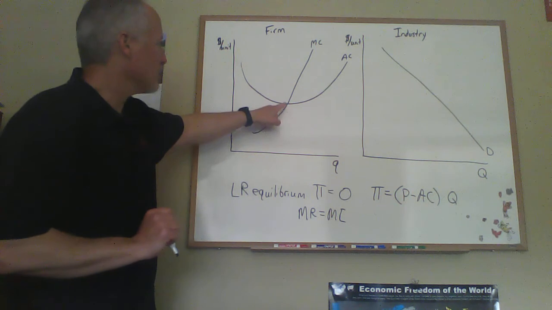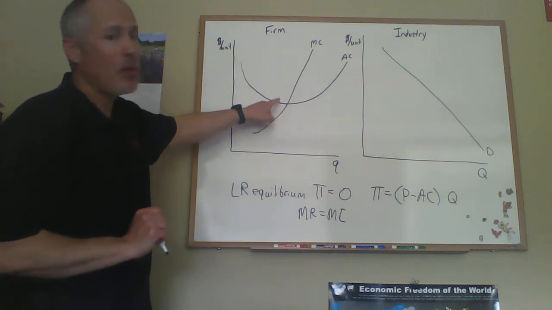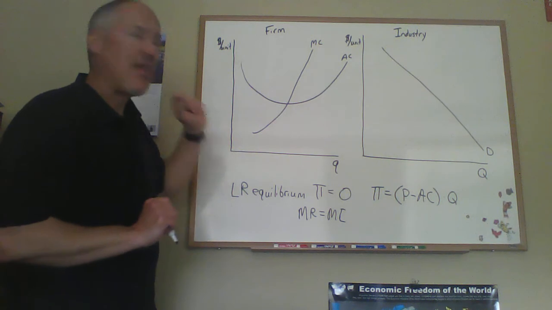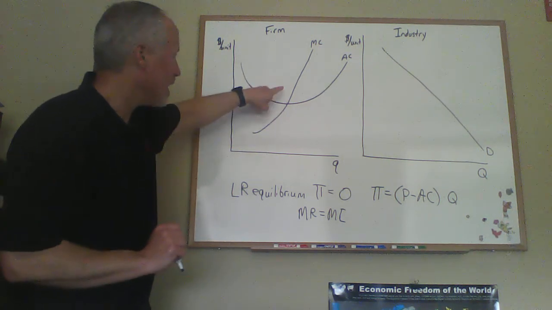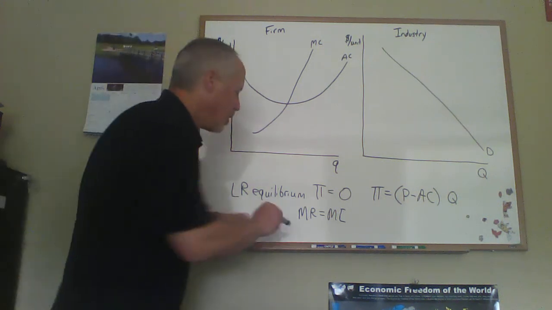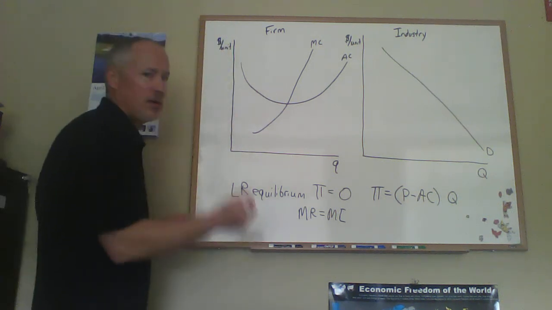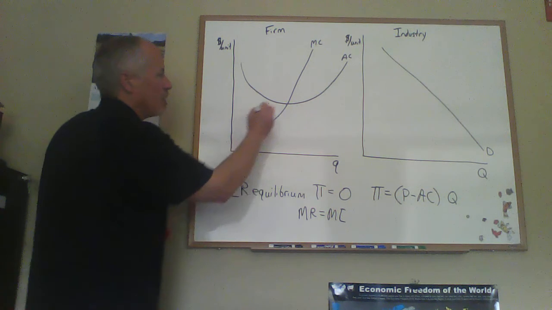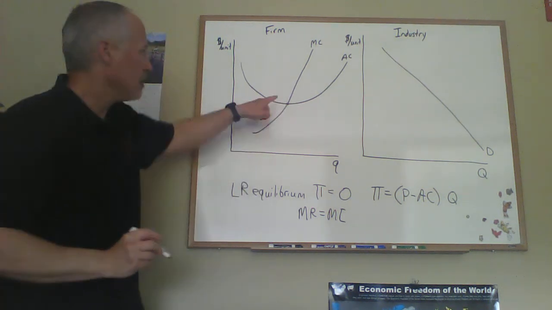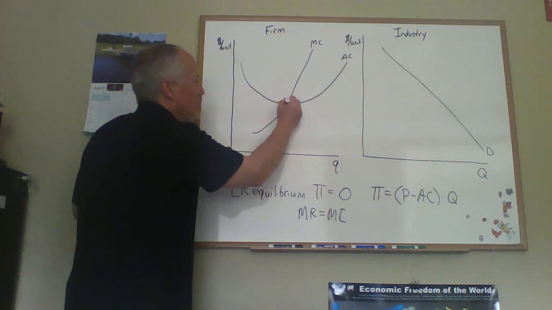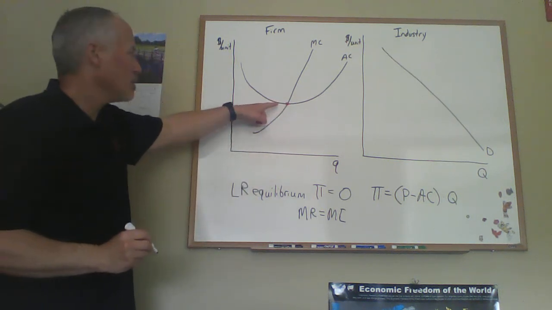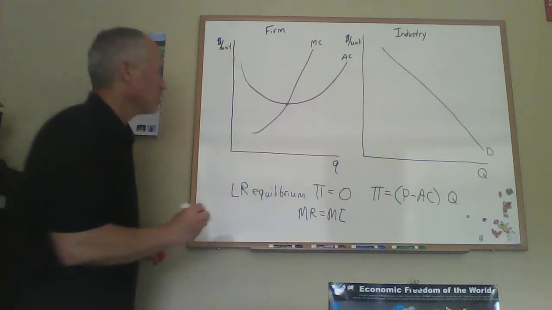Average cost is equal to marginal cost at one and only one point on this diagram with these cost curves. And that's why I said we are going to find the long run equilibrium here on the firm diagram. From our long run equilibrium condition, we know the long run equilibrium has to be here, where the marginal cost curve intersects the average cost curve.